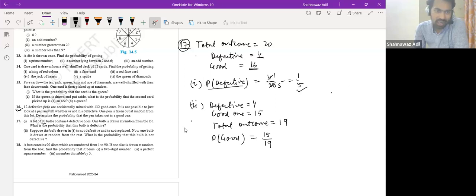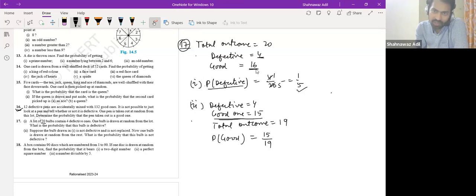Now in the second part, they are saying that they have taken out one bulb from this lot and it was not defective, which means that it was a good one, right?